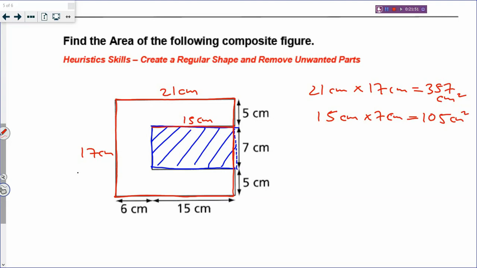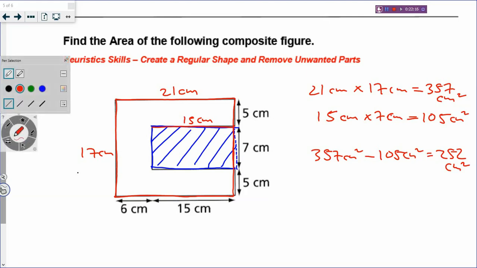Okay, so what do I do? I take out what I don't want. Take out means you minus. So you take 357 cm square, take out, minus 105 cm square, and what will you get? So 357 minus 105, you will get 252 cm square. So how does it look like? Okay, this is how it looks like. So when you take out, it will be something like this, right?